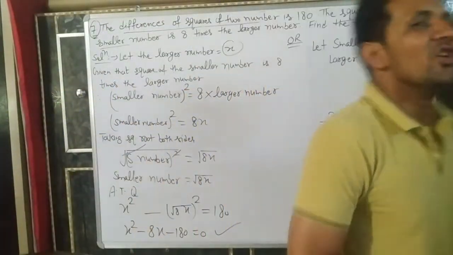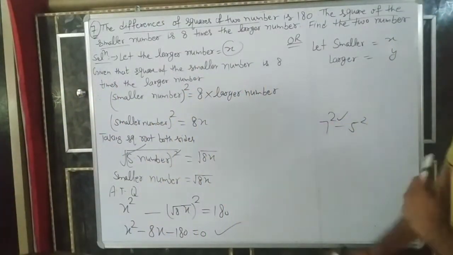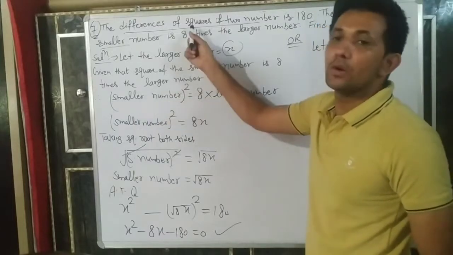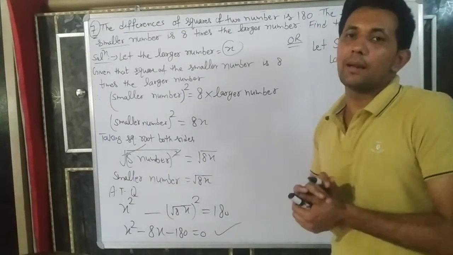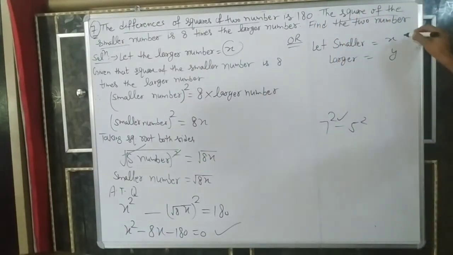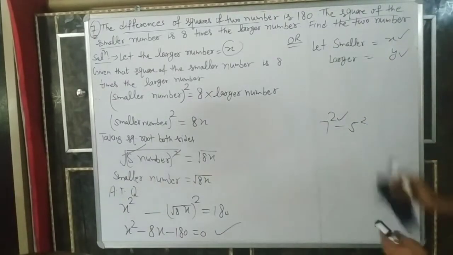Understand it, dear? You can do it because we are taking the smaller number's square, and we don't know what the smaller number is. So you can consider: let the smaller number be x and the larger be y. How to solve by this method?